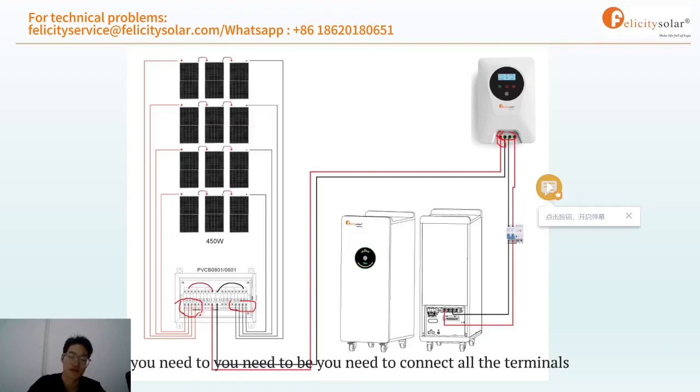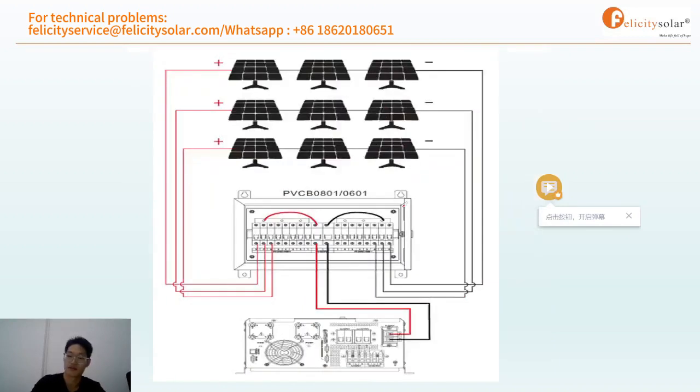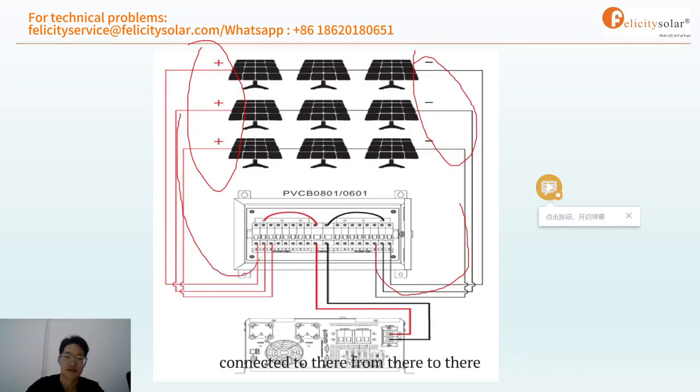You need to connect all the positive and negative terminals to converge them, and then let them flow from there to there. And also it's the same: all the positive and negative terminals are connected there, and they converge to the PV input positive and negative terminals.